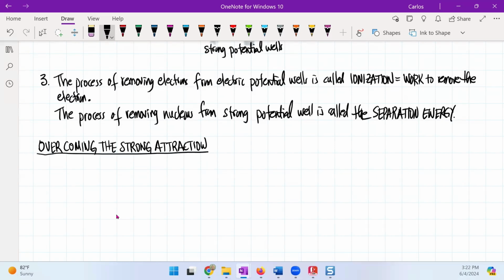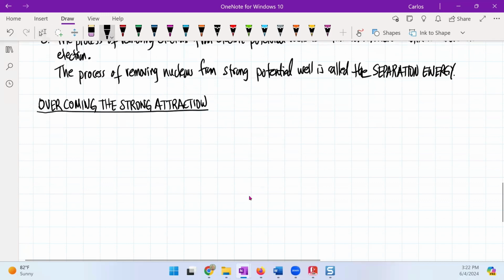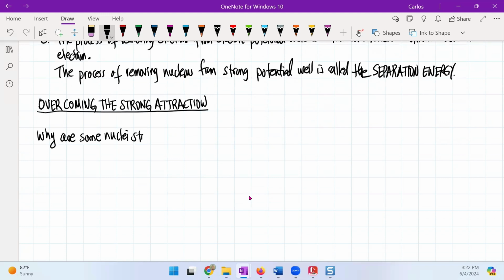The question that is really being asked here is why are some nuclei stable and others not? Why are some nuclei stable while others are not?